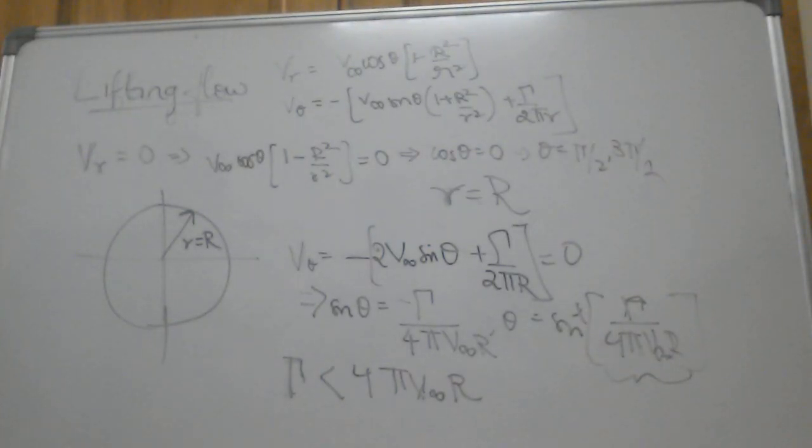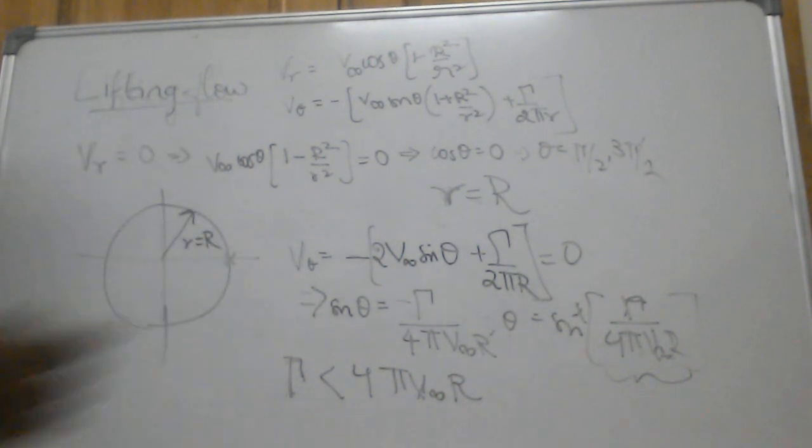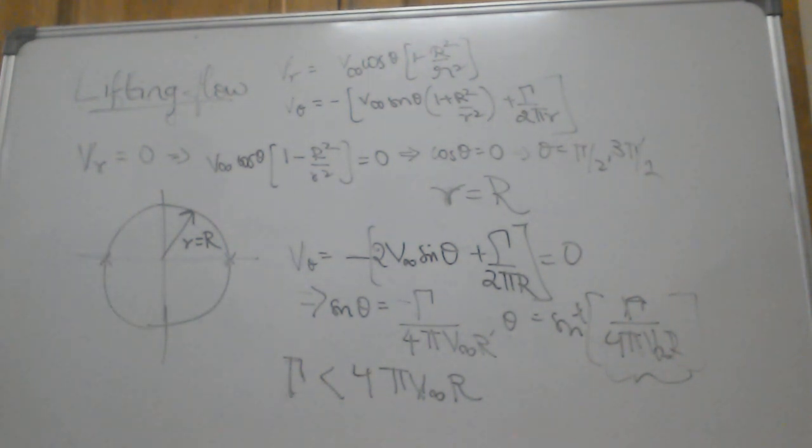Now very simply, in this case, if you substitute gamma as 0, what you would get is theta as sine inverse of 0, which is this point, which corresponds to theta equal to 0, and this point which corresponds to theta equal to pi. So this is the case of the non-lifting flow over a circular cylinder. Now however, theta is not 0 because gamma is not 0.